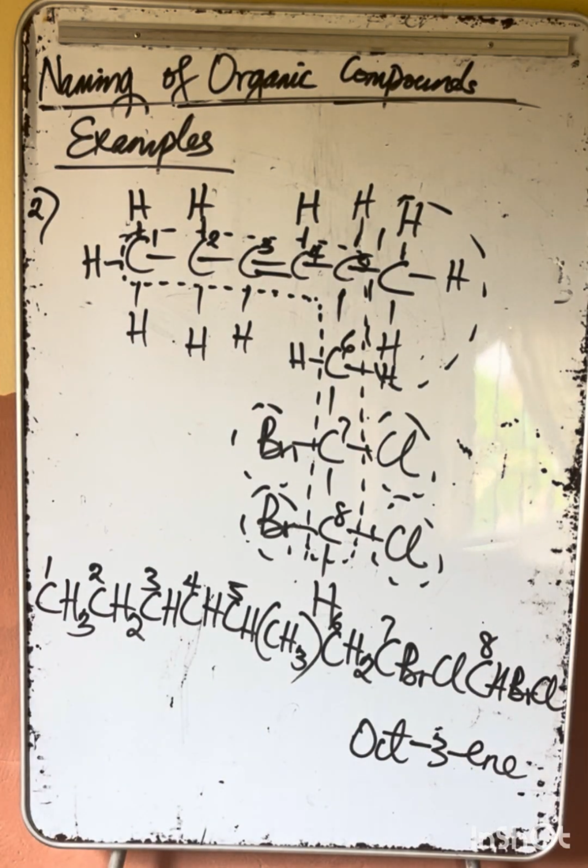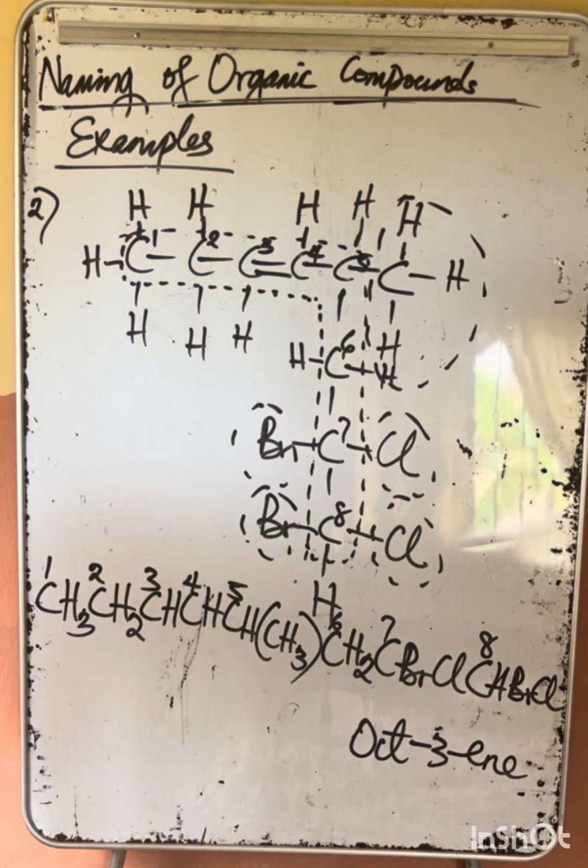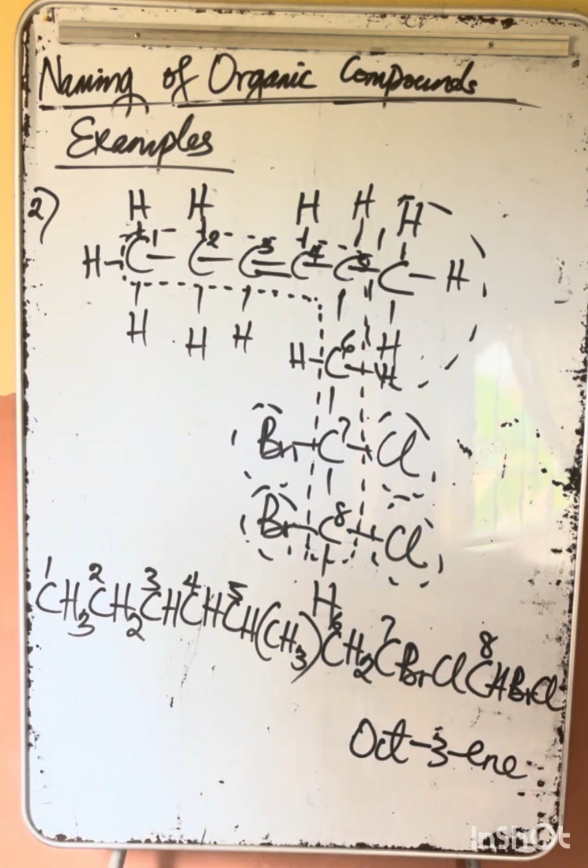Okay, and in naming substituents, mind you, they must be named in alphabetical order. That is another rule. And again, in addition to naming them in alphabetical order, if you have more than one identical substituent, we have to use the Greek prefix di for 2, tri for 3, and so on and so forth, stating the numbering order they have on the chain that we have chosen.